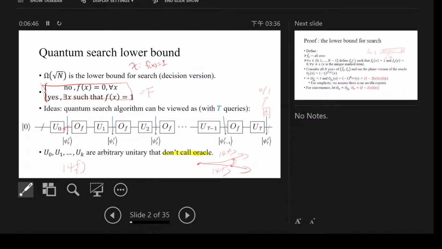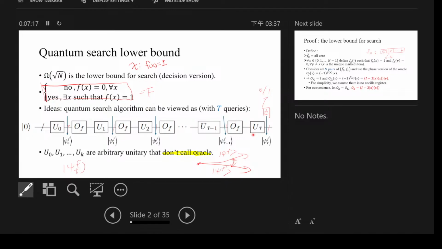You place the oracles one by one, with some unitary in between them. Those unitaries can be whatever unitary, but they don't depend on your oracle. Those unitaries U0, U1, U2 up to U_T determine your algorithm, and what your algorithm should do. So now we have a Boolean function to calculate, the Boolean big F.